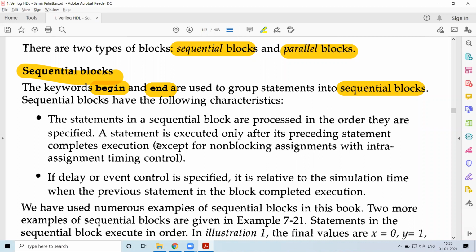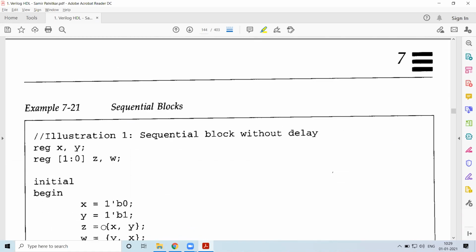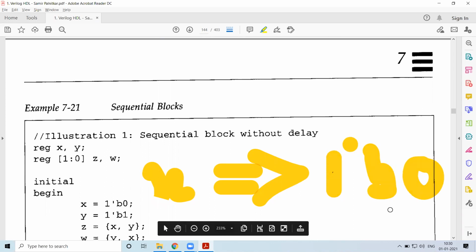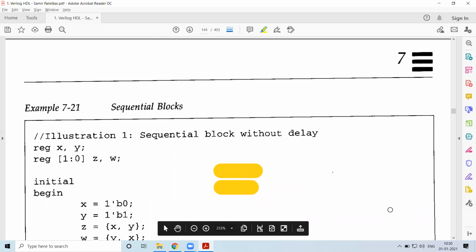Now, there is one exception, which is the non-blocking assignments. When you have non-blocking assignments, all the statements get executed at the same time. If you remember, non-blocking statements are identified with, say, x, the assignment operator, and whatever value you want to specify. These are all non-blocking assignments.